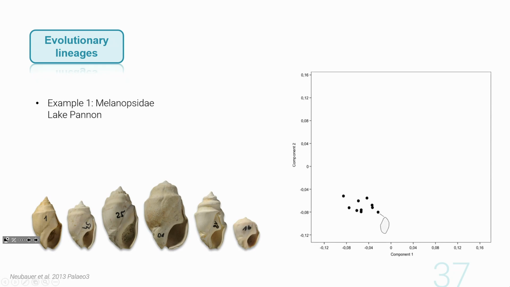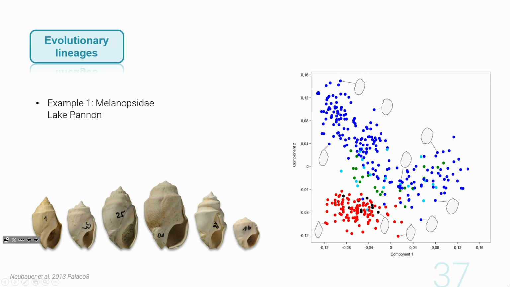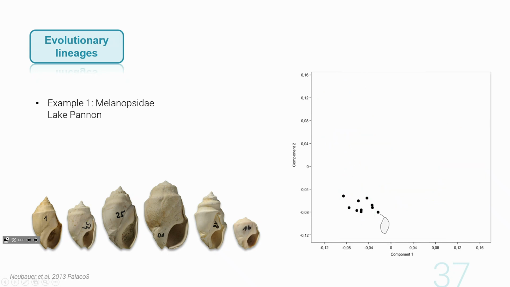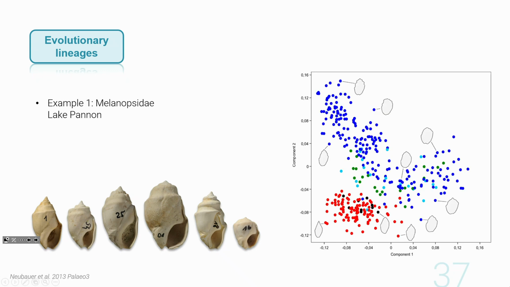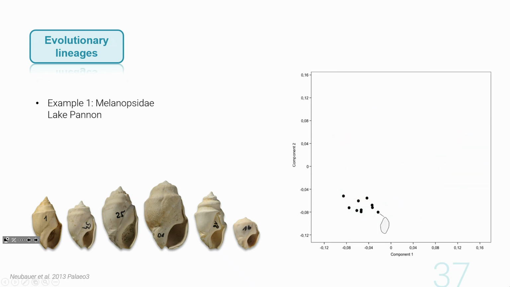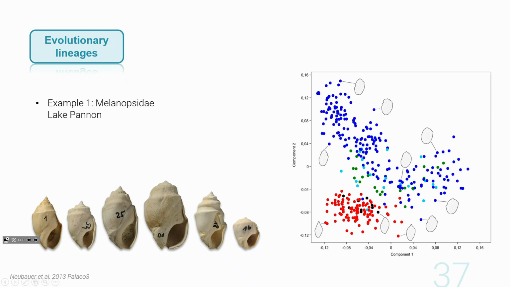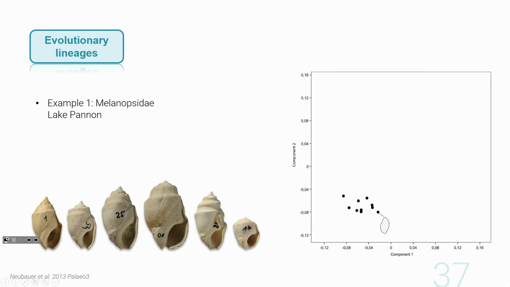How does it look in evolutionary lineages? So when we talk about morphological evolution, again, I will give you two examples, in this case both from Lake Pannon, but there are several more examples that illustrate morphological evolution in long-lived lakes. And this would be one of those melanopsid lineages. Basically, they all belong to a single species lineage, starting with this elongate, slender one.